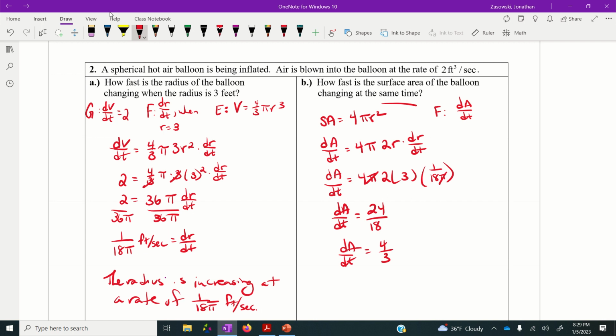And remember, this is an area, so in terms of units, the volume is feet cubed per second, and this would be feet squared per second. And then we would say the same thing we did before, that the area is increasing at a rate of 4/3 feet squared per second.